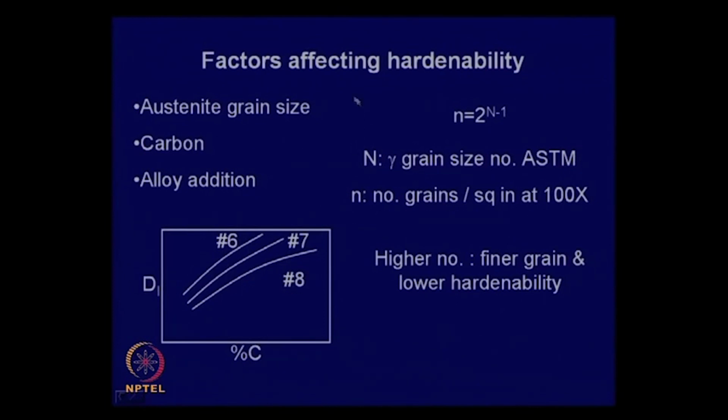And let us now look at the factors that affect hardenability. Part of it was explained last class, and there are primarily 3 main factors which determine hardenability.